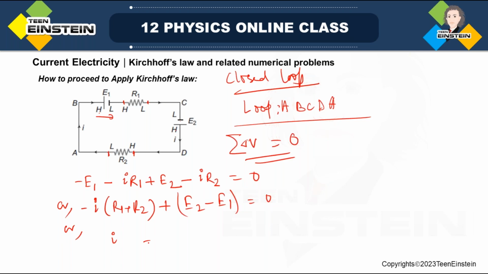Now I can find I is equal to E2 minus E1 divided by R1 plus R2, with a negative sign. So I can write E1 minus E2 divided by R1 plus R2. This will be the current in the circuit.